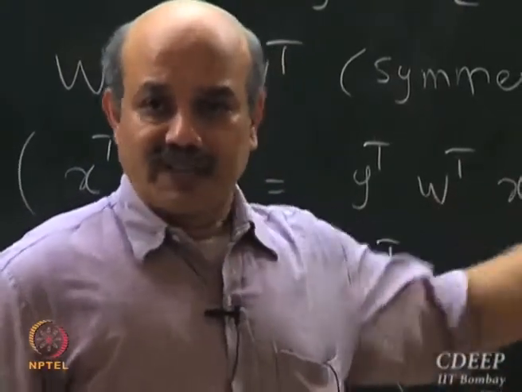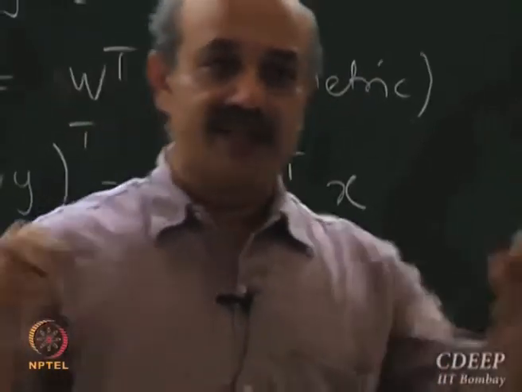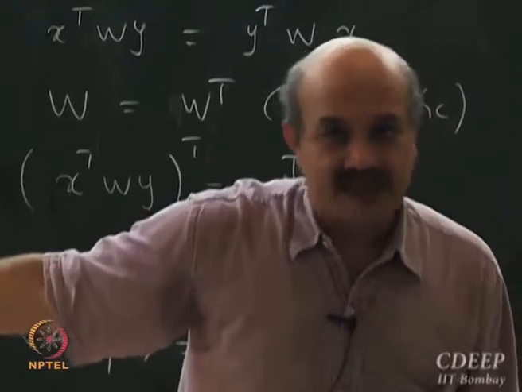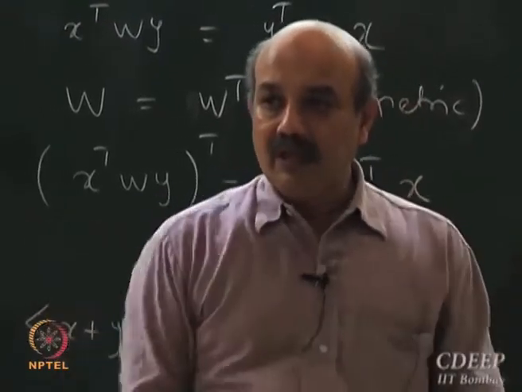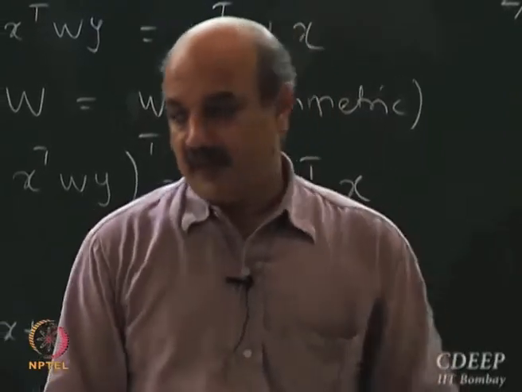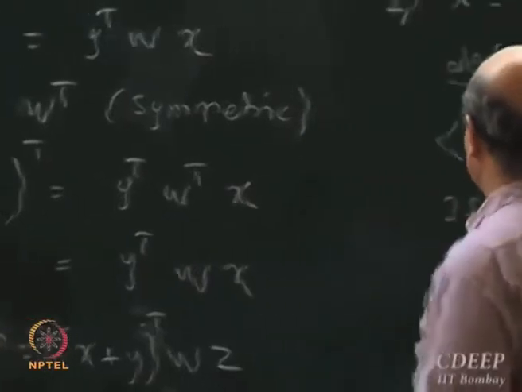So I'll give one or two examples and move to proving that actually inner product in a general space defines a norm. Just like in 3 dimensions, x transpose x gives you a norm. Okay, you'll also get a norm defined through inner product. Before doing that, let me give you one or two more examples of inner product spaces.